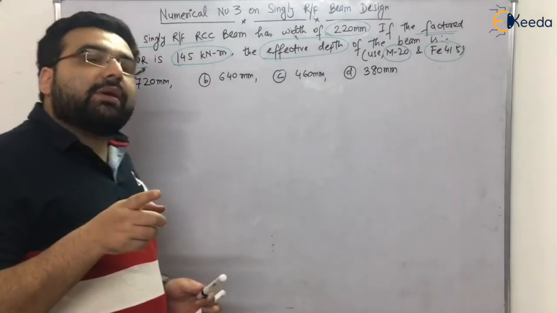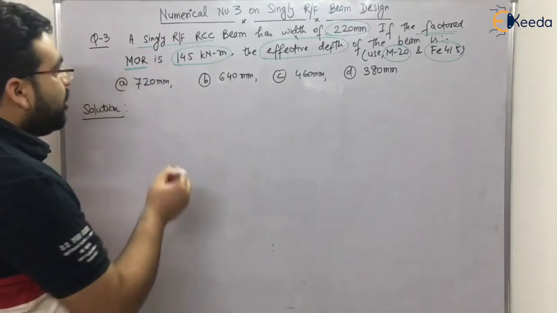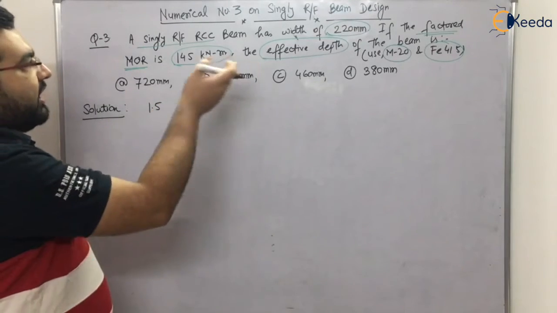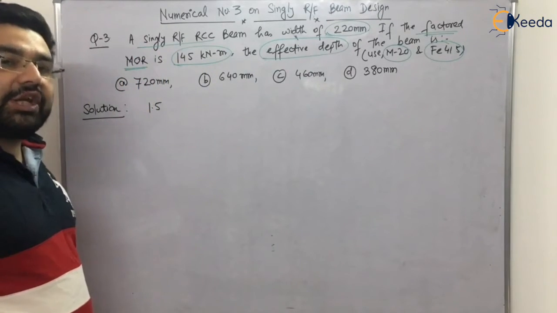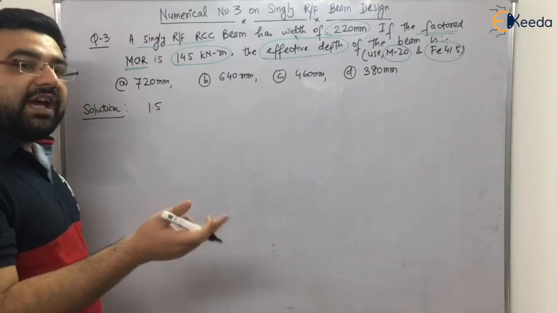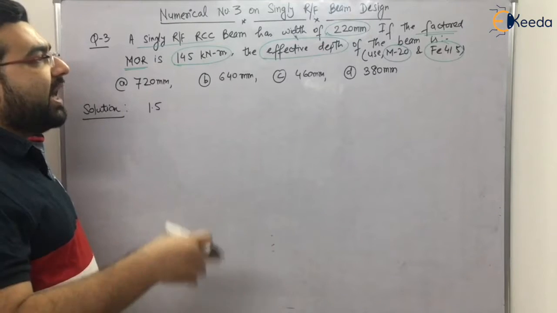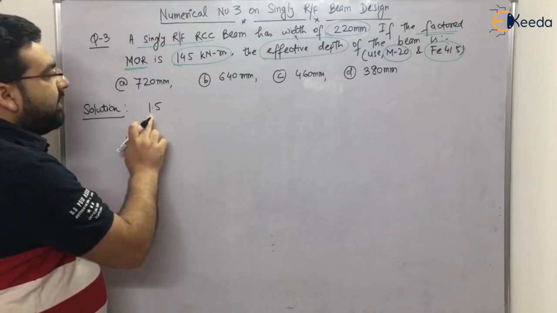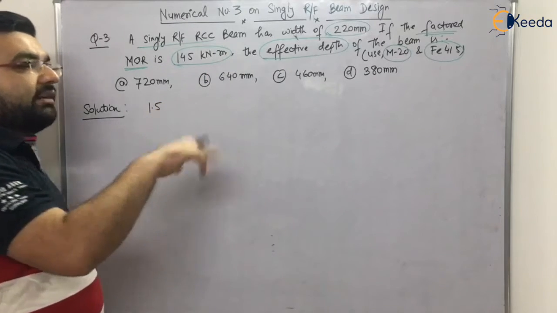If it is not given, you have to multiply the moment by 1.5 to get the factored moment.